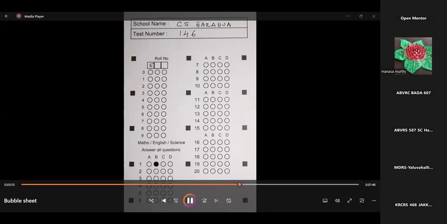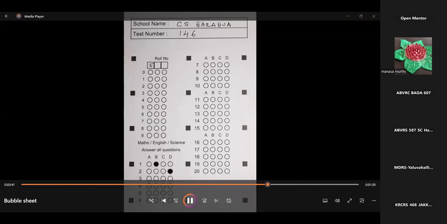Do not use pencil. Either black pen or blue pen. Then the Vidya Shakti teacher will show the second question. If the right answer is D, again you shade this like this.